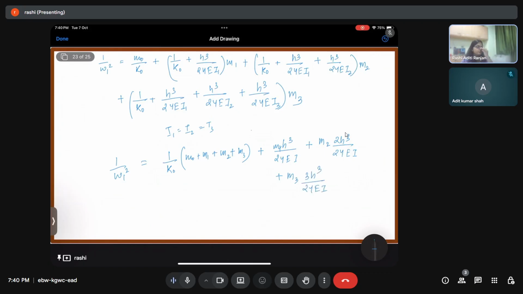So this is the final contribution, and this is going to be the equation from which we can evaluate the value of omega 1 square. Okay, I hope this is clear.